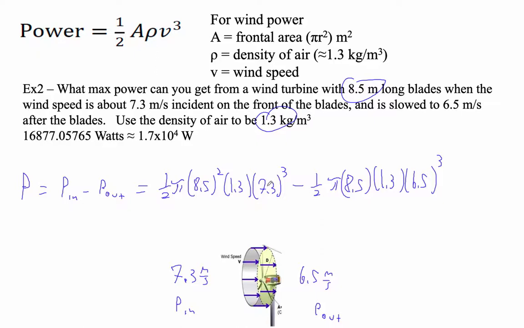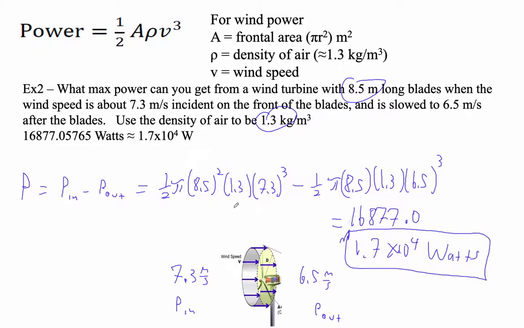And I get 16,877.06 watts. We have 2 sig figs, so it's going to be 1.7 times 10 to the fourth watts. Again, that makes this thing 35 to 45% efficient, or worse, possibly.